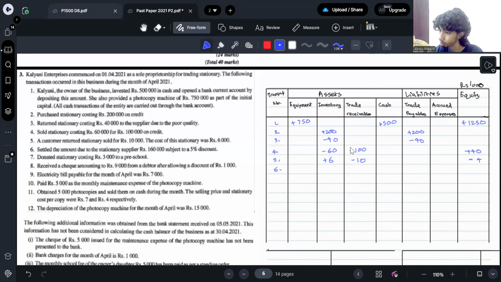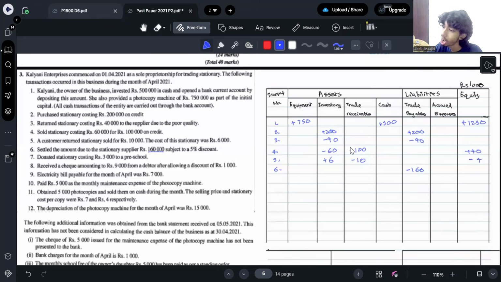6. Settle the amount due to the stationery supplier, rupees 160, subject to a 5% discount. We settled 160,000 to the supplier, so trade payable minus 160. The settled amount is the amount by which the trade payable is reducing.